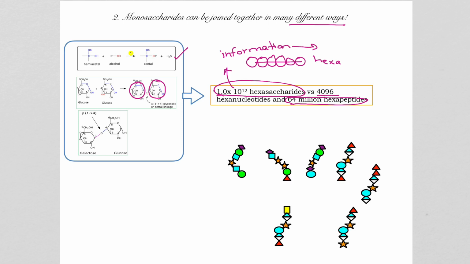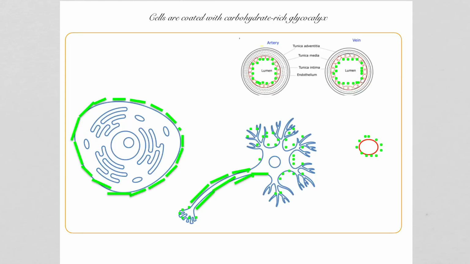And information is very critical for our cells, things like cell signaling, which controls many processes in our cells and in our body. So one of the areas that is very rich in carbohydrates is this part called the glycocalyx.